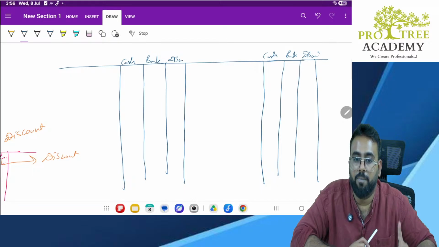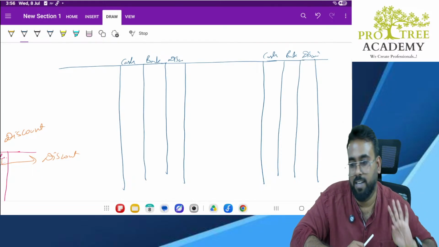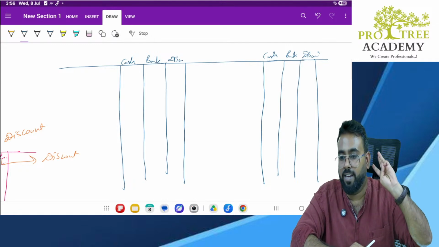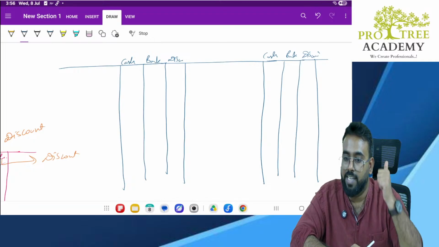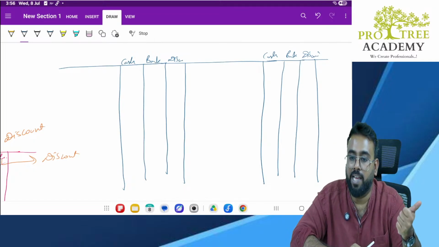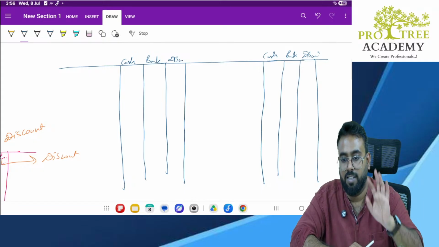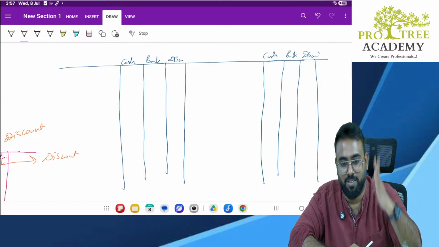Clear? So triple column cash book has cash, bank and discount. All the 3 will come. Everybody is understanding? So how many types of cash book? 3. Single, double, triple. Single can be bank or cash. Double can be cash and bank, bank and discount, or cash and discount. Then triple column: cash, bank, discount.